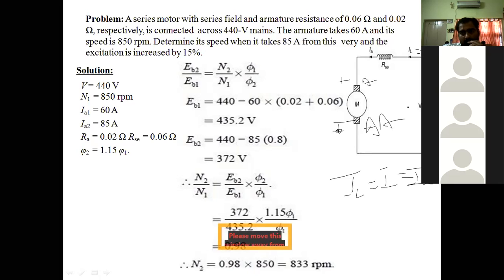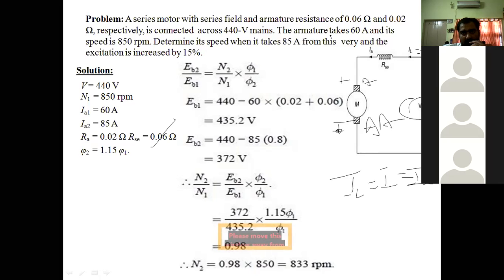So let us step into the problem. A series motor with series field and armature resistance, he has given the armature resistance RA as 0.06 ohms and 0.02 ohms respectively, is connected across 440 volts mains. So this is your input voltage, 440 volts.